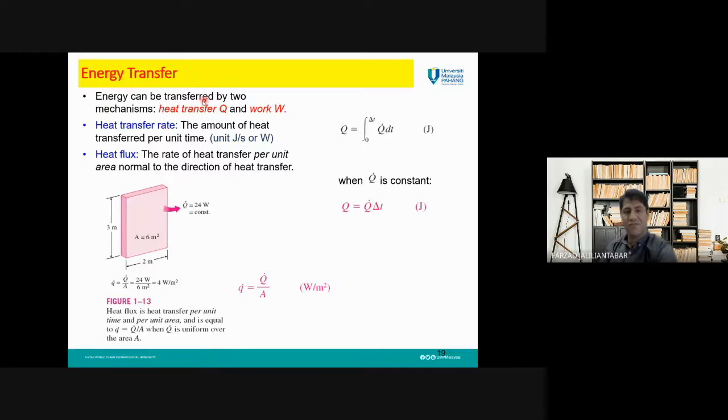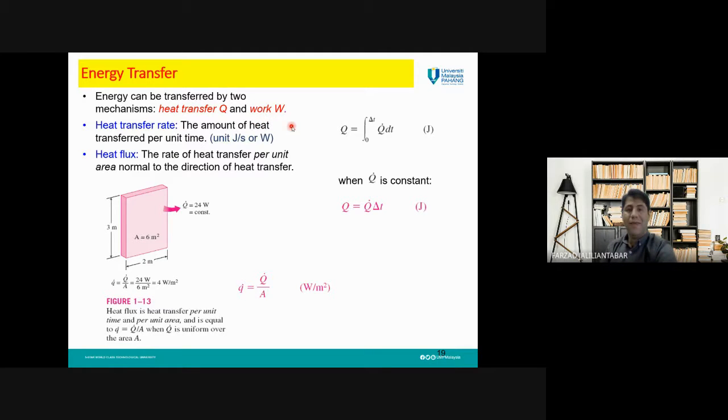And as I said, heat is a form of energy. So energy transfer here basically means heat transfer. Energy can be transferred by two mechanisms, heat transfer or Q and work or W, if you remember from thermodynamics. In thermodynamics, we usually discuss both of them together, and we were more interested in the work because we wanted a machine to produce power, a turbine, a pump and so on.